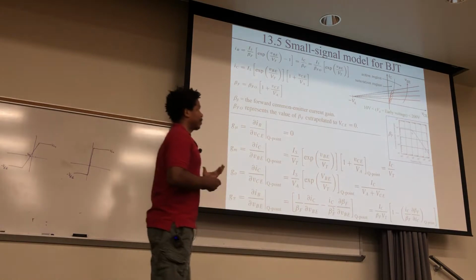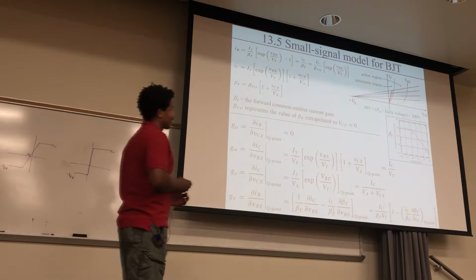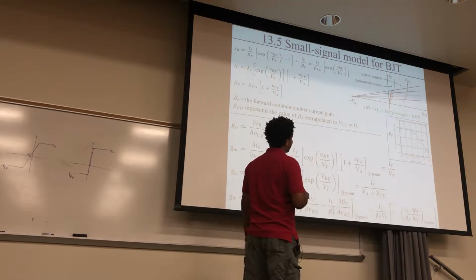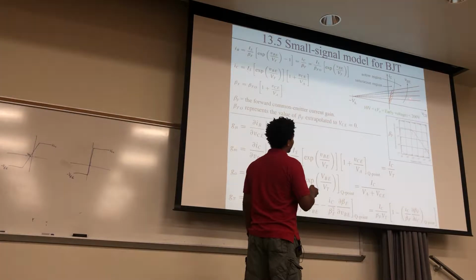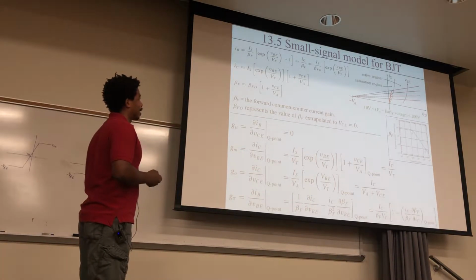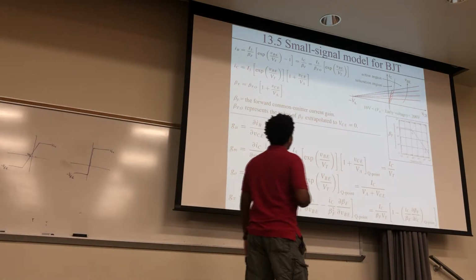It was James Early over at IBM. He's credited with this, and it makes sense too, because if you take these lines right here and extend them out, they all intersect right here, which is sort of like an earlier voltage. So it's just a convenient coincidence.